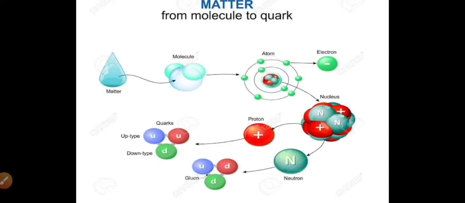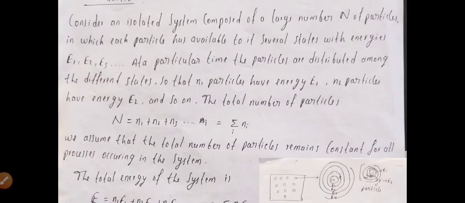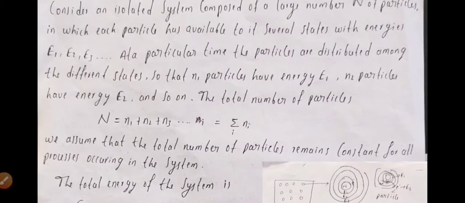Okay, now let us move to the next point, which is very necessary to study Maxwell-Boltzmann, Fermi-Dirac and Bose-Einstein statistics. Consider an isolated system composed of a large number, capital N, of particles, in which each particle is available to its several states with energies E1, E2, E3.